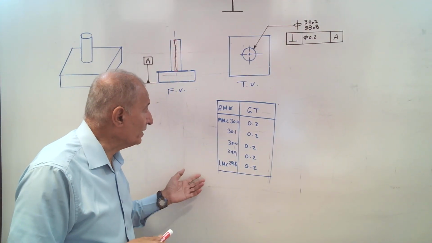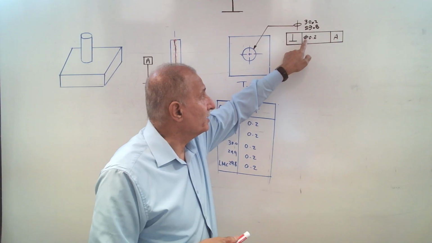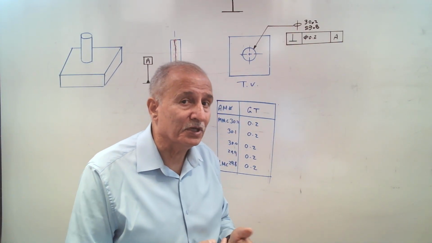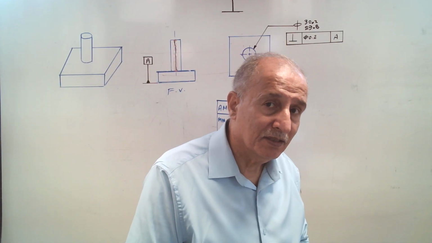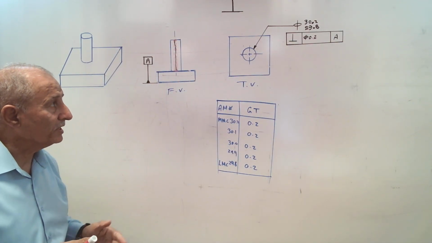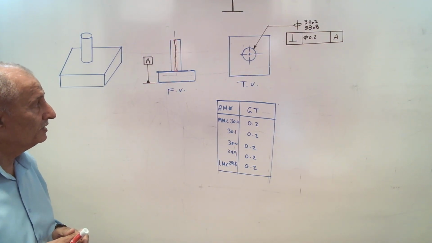And the only modifier that we use in these conditions is the phi modifier here. RFS means no M, no L, no P, actually. You can use P as well here, but nothing is in the front, not for RFS.